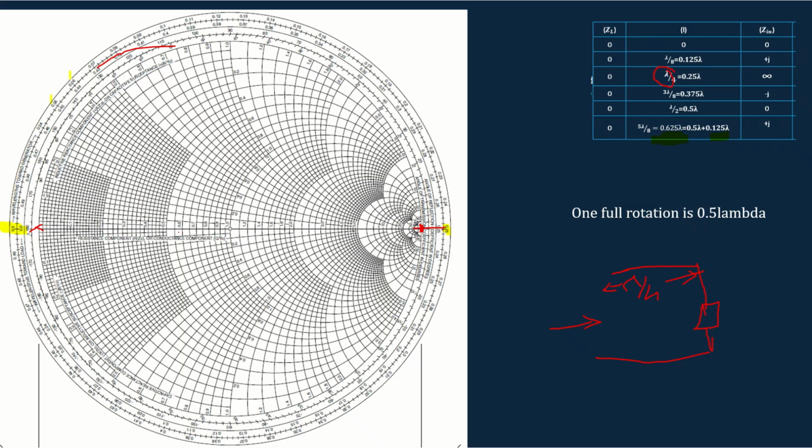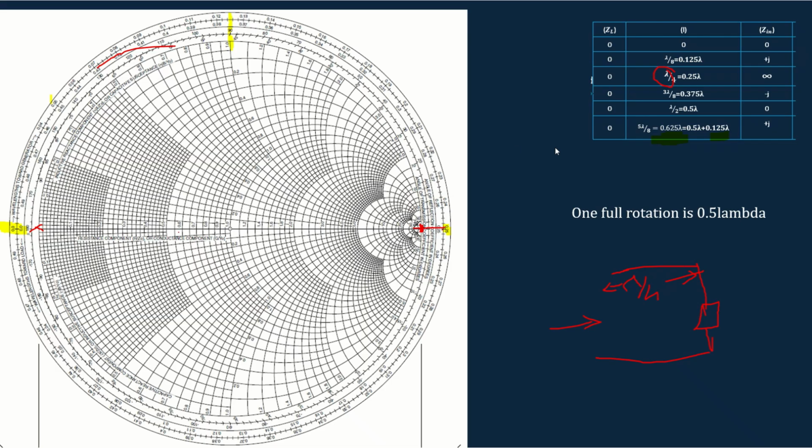So we will go again and here is the value 0.125 lambda, and if we draw a line through this, it will extend to this point and we will get that impedance as J. That is how we calculate the input impedance when we are moving towards the generator. So now you have seen the importance of wavelength towards generator.